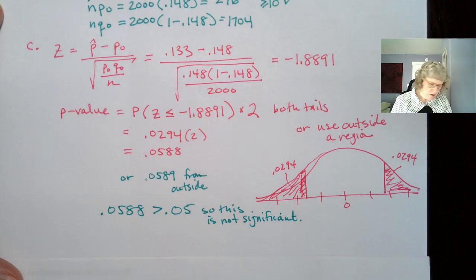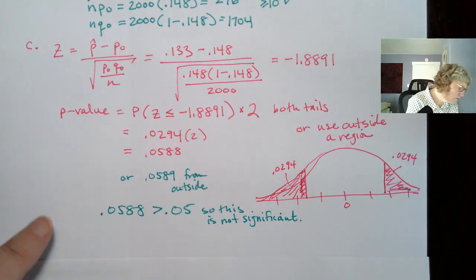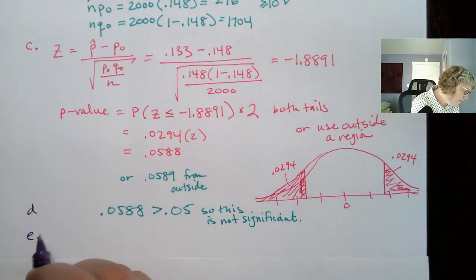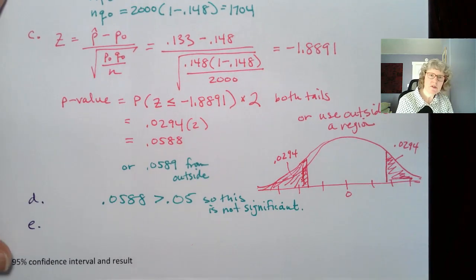Okay, so let's write our conclusion. ABC, so this was D, compare. So this was D if I'm writing my steps out, and then this is E. State the conclusion in context.